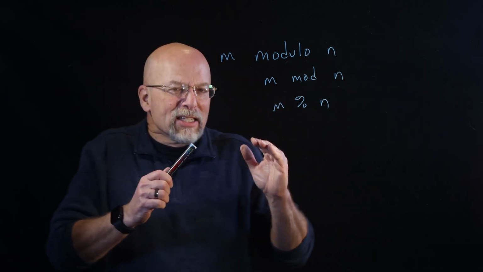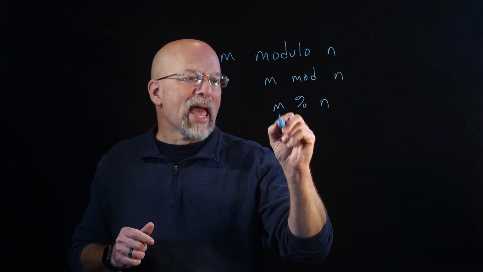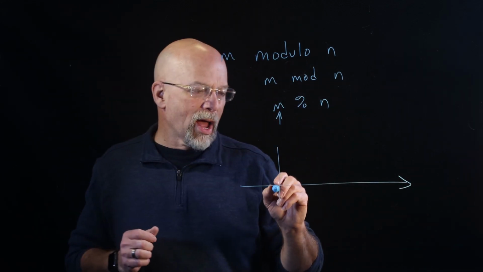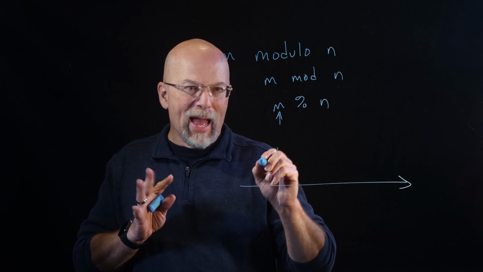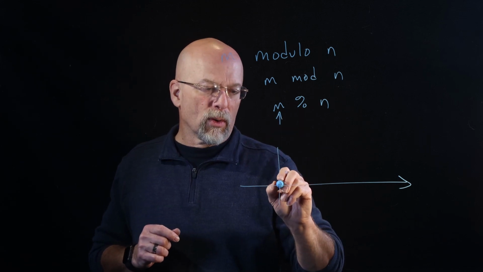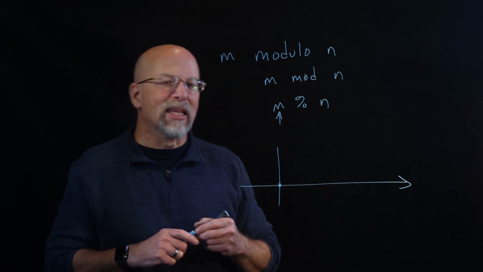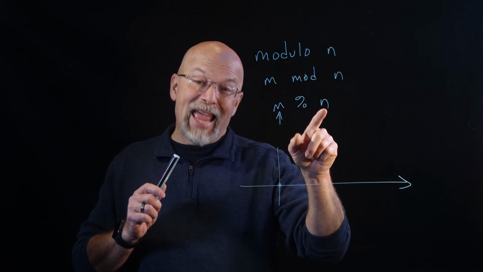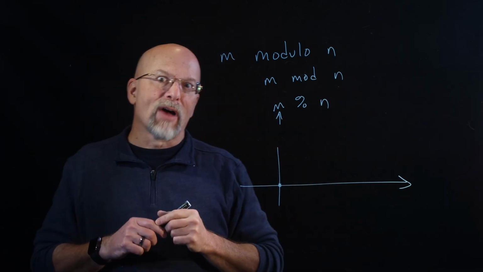And so as m increments, let's put this on some sort of xy axis. If you have m equal to 0, 0 divided by anything gives you a remainder of 0, as long as n is greater than whatever we're dividing it into.